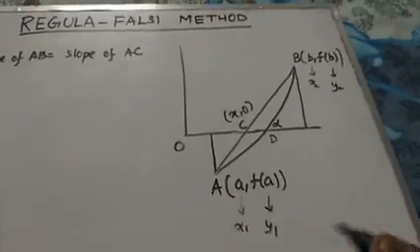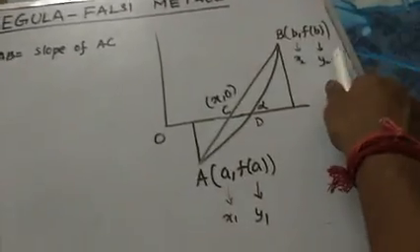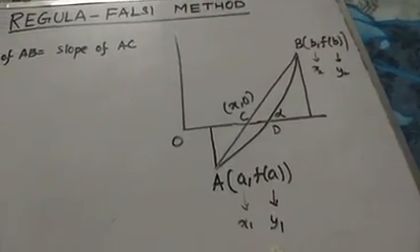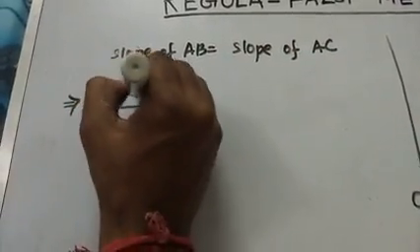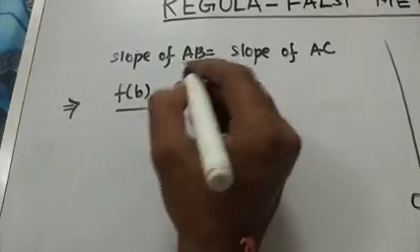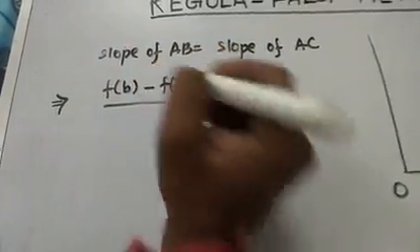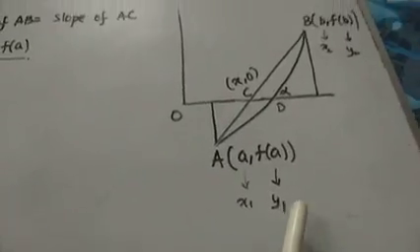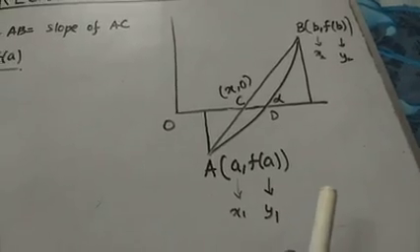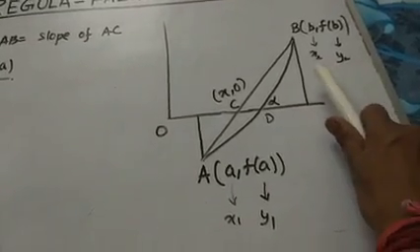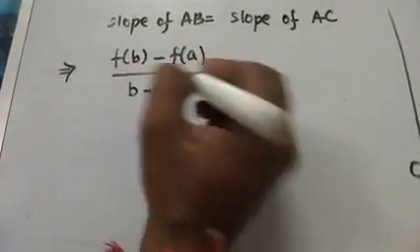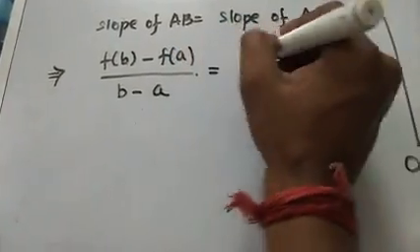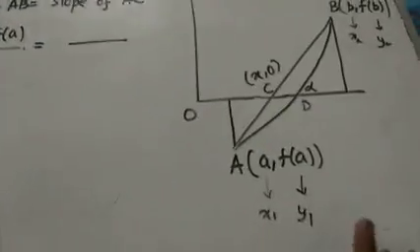Now by using that formula, y2 minus y1 by x2 minus x1, so that is f of b minus f of a, divided by b minus a. Okay, this one is finished.